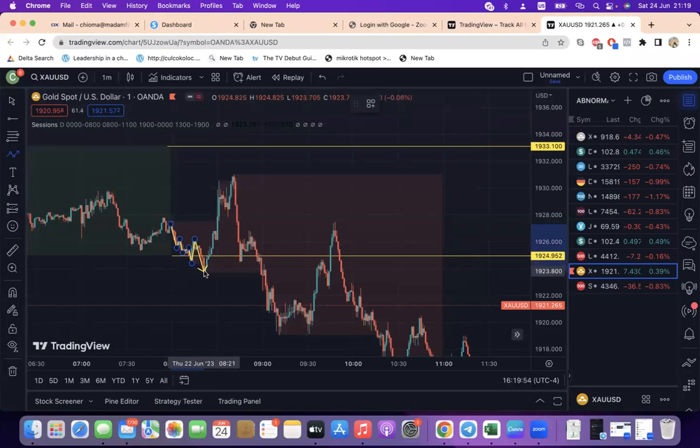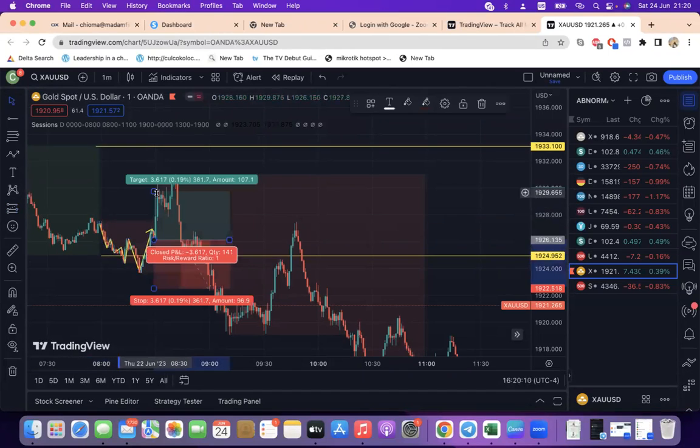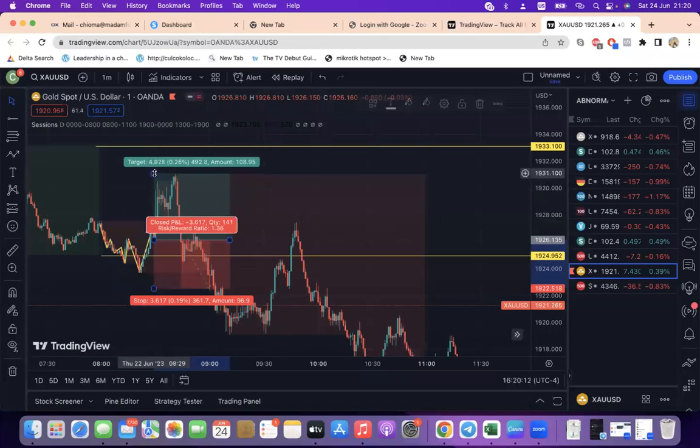She then did this to deceive people that did not wait for the change of character twice. And after doing that, she now gave you a major change of character here. And there was a fair value gap here for your entry. Look at that. That was a long position from here to there.